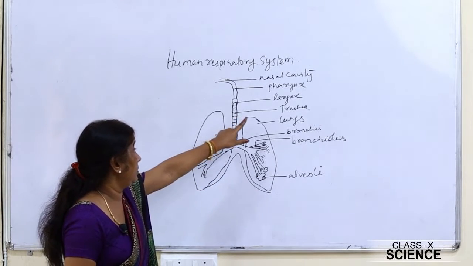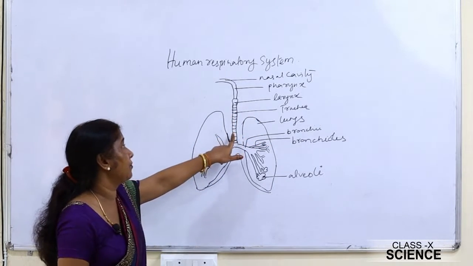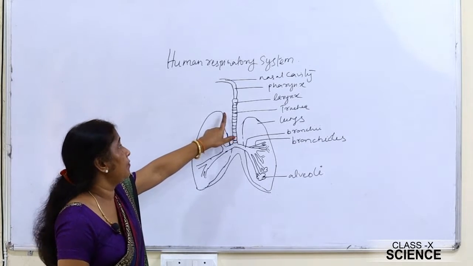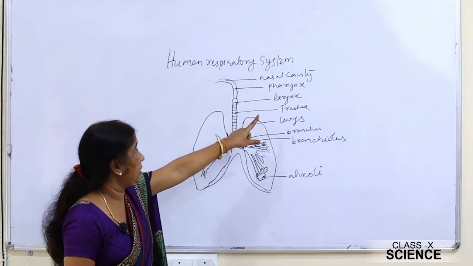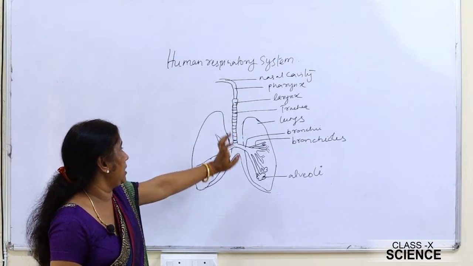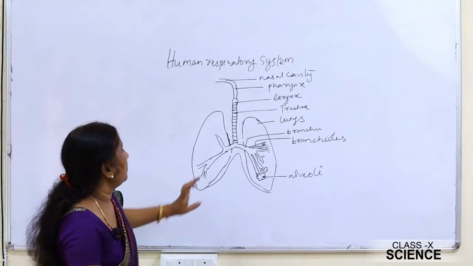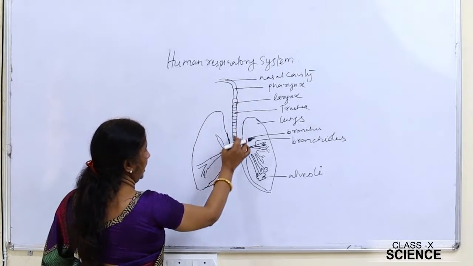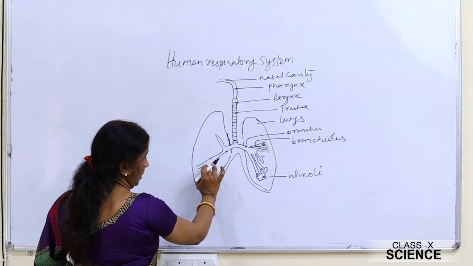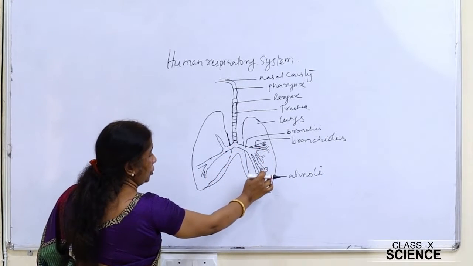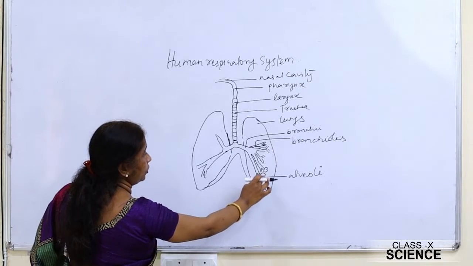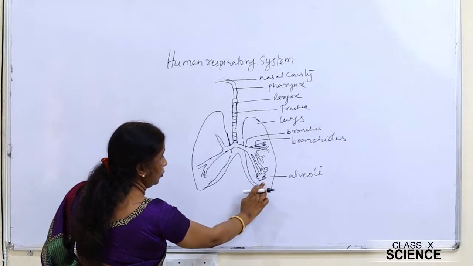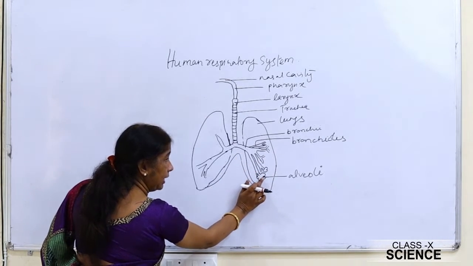The trachea is surrounded by rings of cartilage, and this is the reason why the trachea does not collapse when there is less air inside it, right? The air passes into the bronchi, then reaches the bronchioles, and at the terminal portion of the bronchioles is the alveoli.